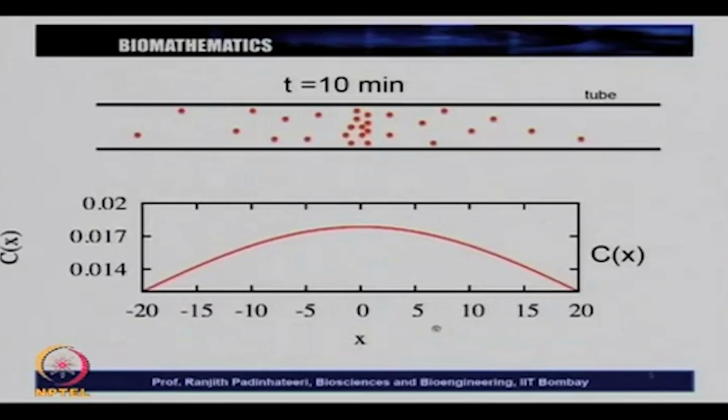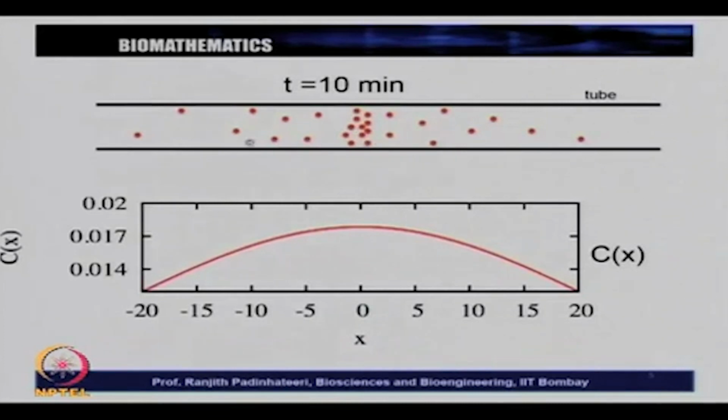As you go far away from the center, either to the left or to the right, you have fewer molecules. There is no particular reason that right is any different from left, because if 20 of them are diffusing to the right, you might as well have 20 of them diffusing to the left.